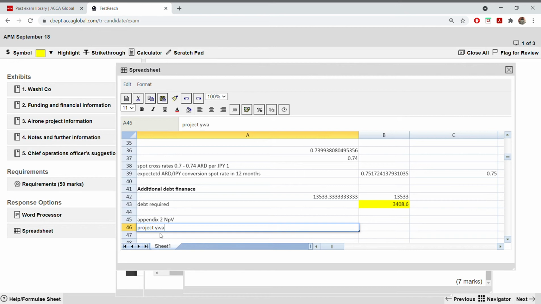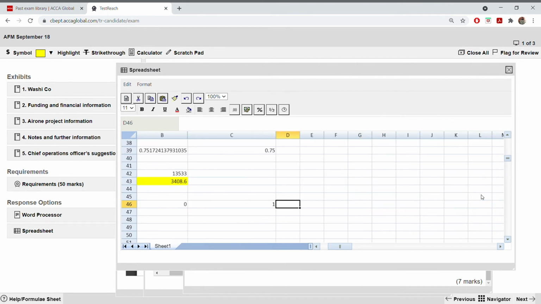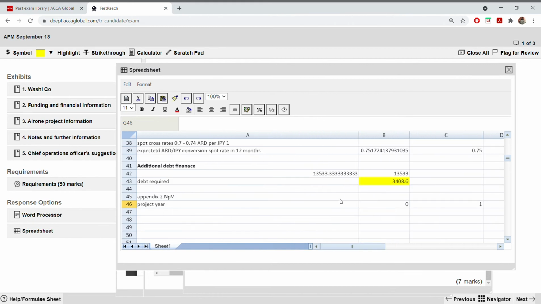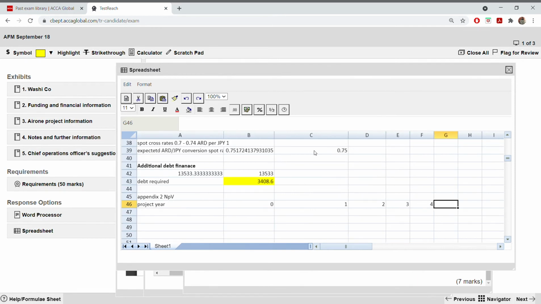So project year starting with 0: 0, 1, 2, 3, 4. If you see it's too much, so you can bring those numbers here like this. Now I have all the 4 years, including 0.